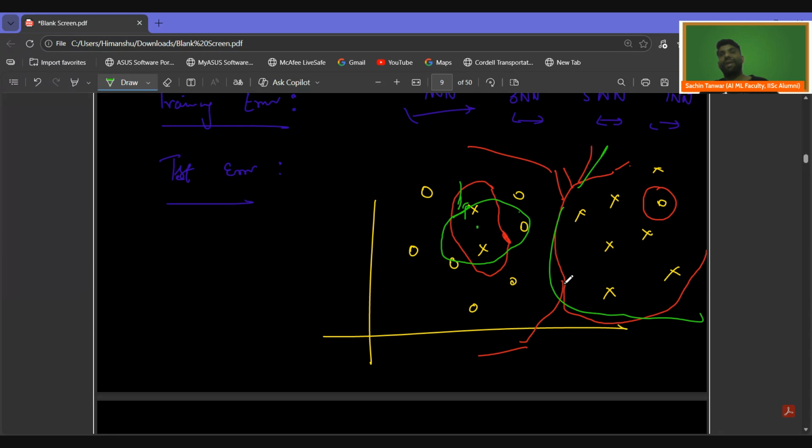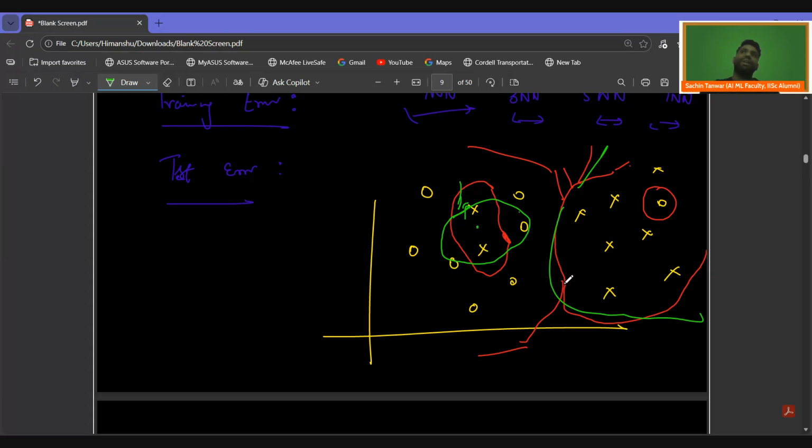Now if I make k equal to the number of data points, what would be happening in that case? Every query data point would be called as belonging to the class which was the majority class in all of my training data points.